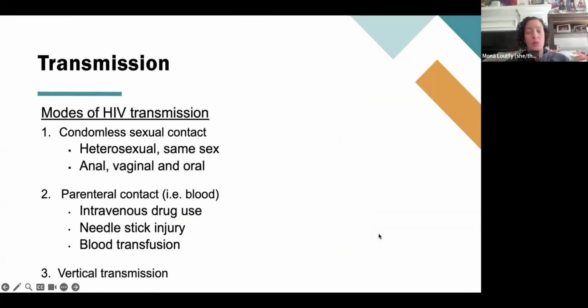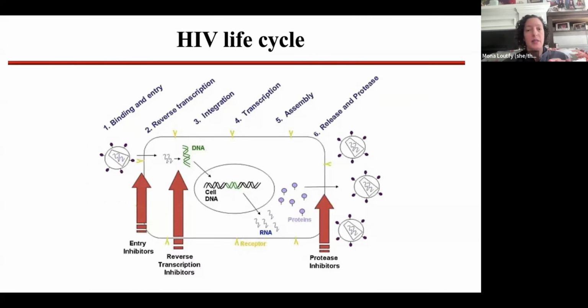That becomes important when we talk about drugs, because you're going to see you need to have at least 2 drugs to treat HIV, and they have to work at different parts of this replicative cycle. Do you see that? For many years, for decades, we used 3 drugs that worked at 2 different sites of the replicative cycle.